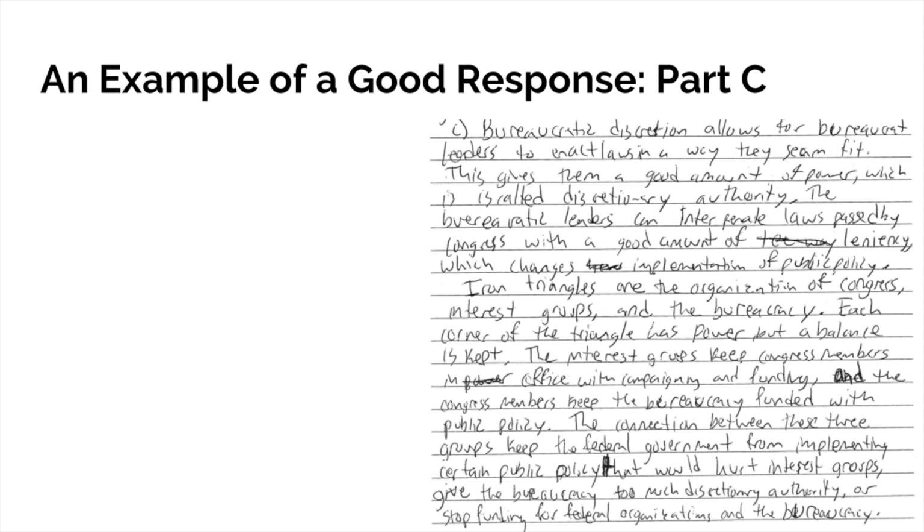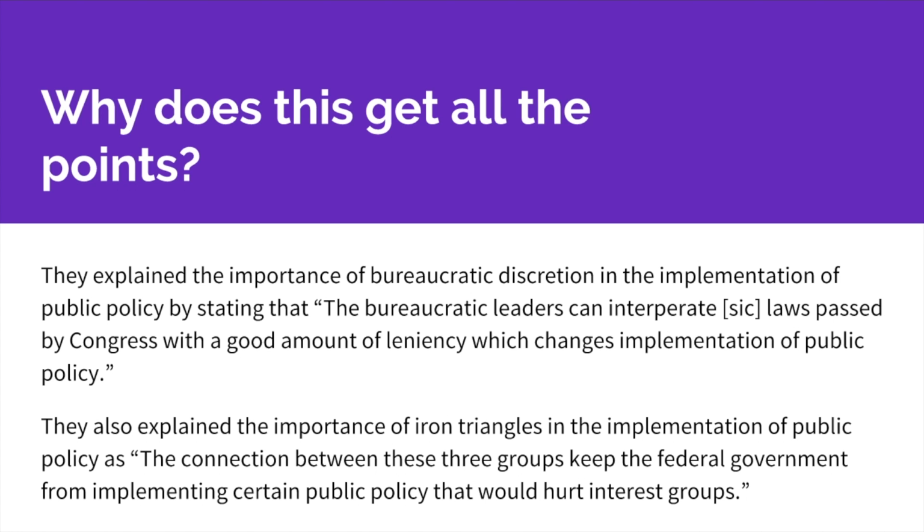So here's another example of a good response, but for Part C, which describes bureaucratic discretion and iron triangles and their importance. And so this gets all the points because they explain the importance of bureaucratic discretion in the implementation of public policy very directly by saying that bureaucratic leaders can interpret laws passed by Congress with a good amount of leniency, which changes implementation of public policy.